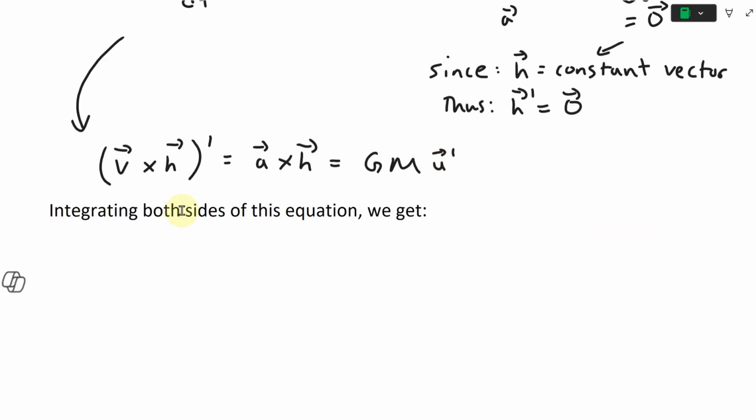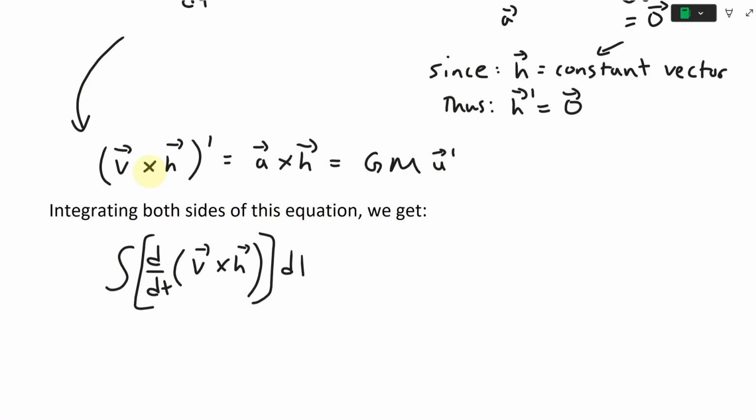All right, and now integrating both sides of this equation, I just want to show you the different ways of writing the notation here. You could write, for example, d over dt of v cross h, and then dt, and again that's the same thing.